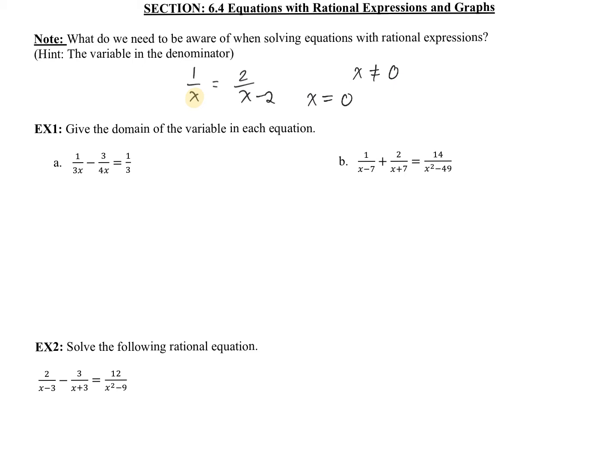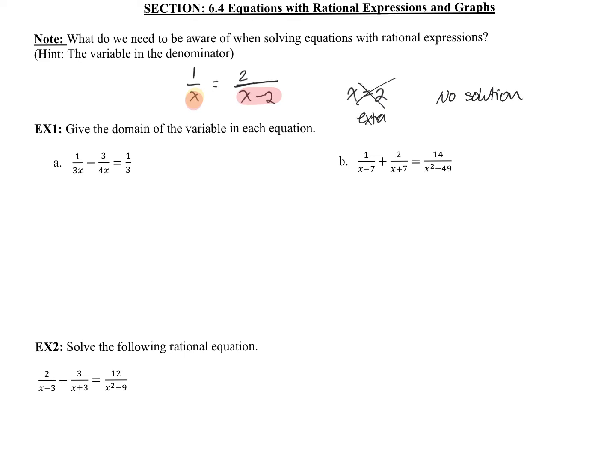Or for example, if my denominator was x minus 2, and one of my solutions was that x equals 2, it may not make this denominator equal 0, but it would make this one equal 0. So sometimes if our solution makes our denominator 0, we're going to have to say no solution.